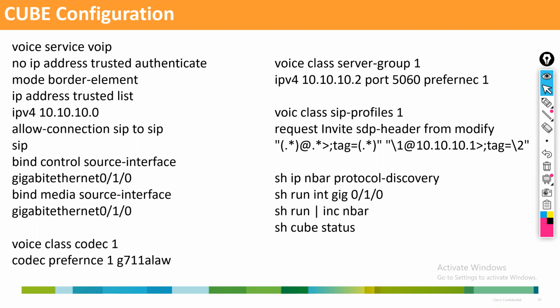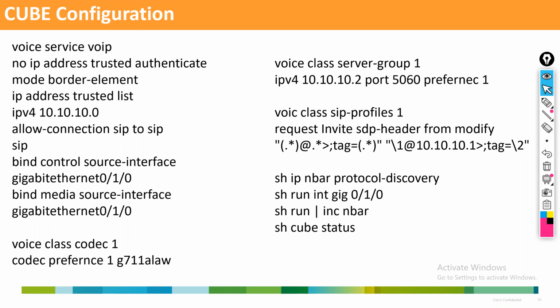Any protocol can be implemented anywhere; there is no condition that one must always be used. For example, MGCP has to be configured only when connecting to the PSTN, so in this case MGCP is not possible to implement. But here you can use any protocol anywhere. As a best practice, organizations go with a single protocol on both ends.